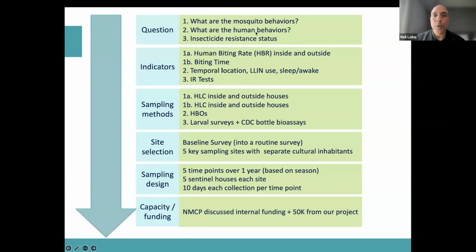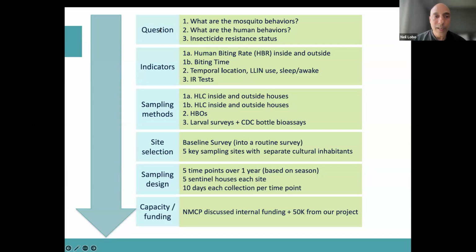For the indicator for human behavior, we'd look at whether they were inside or outside houses, and did they use bed nets or not, both when they were asleep and when they were awake. And what time did this all happen? So what were people doing inside houses and outside houses? And number three, the indicator for insecticide resistance status is the insecticide resistance test.